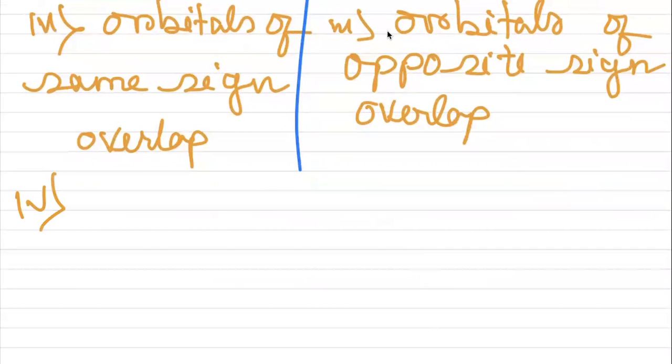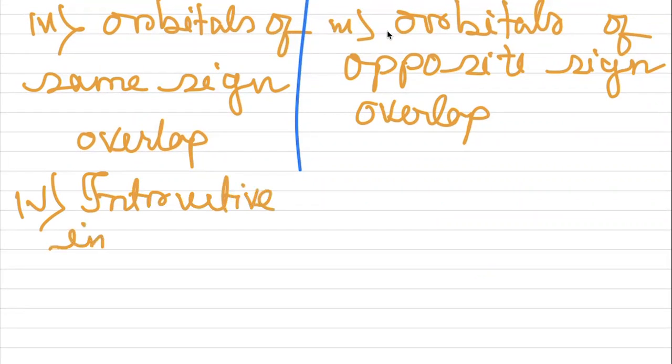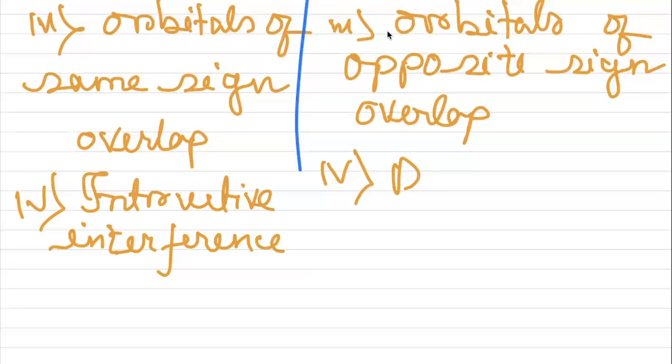In case of bonding molecular orbital, constructive interference takes place. And in case of antibonding molecular orbital, destructive interference takes place.